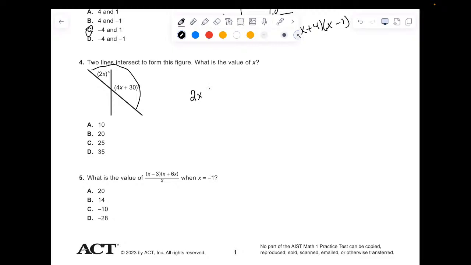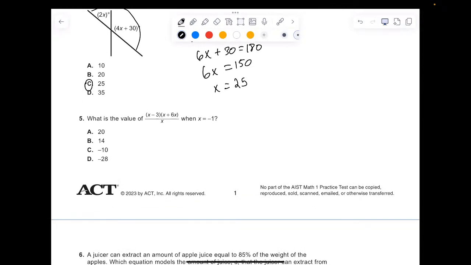So 2x plus 4x plus 30 is equal to 180. 6x plus 30 equals 180. 6x is equal to 150. And then 150 divided by 6 is 25. Yep.